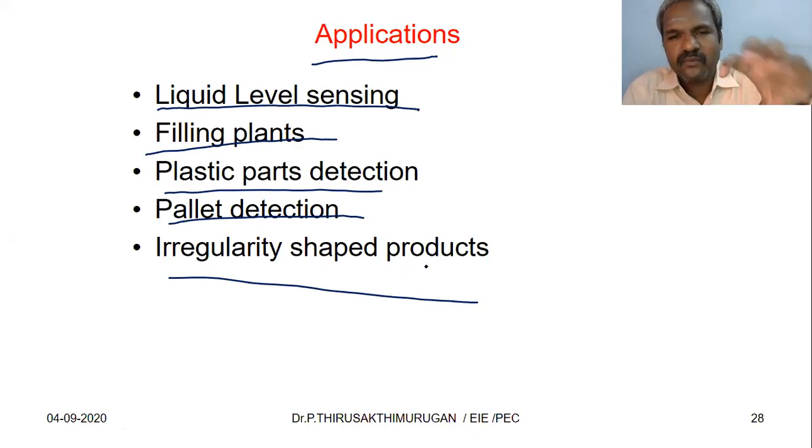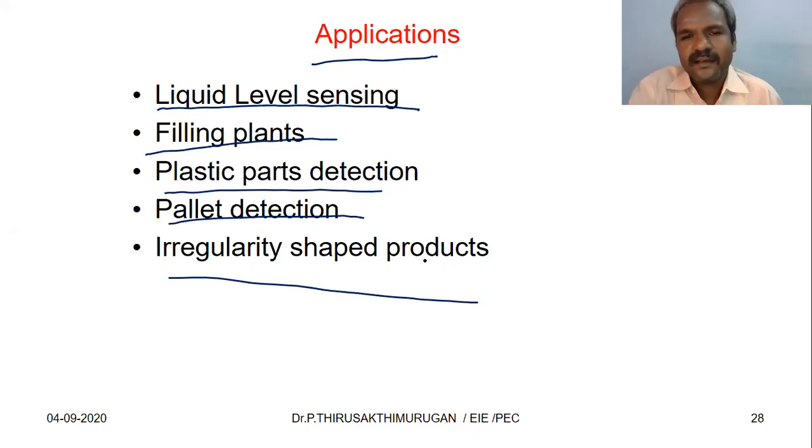If the shape is faulty, it will sense and detect. So these are the standard applications. Also, you can add object detection, object searching and counting. So these are all applications of proximity transducers.